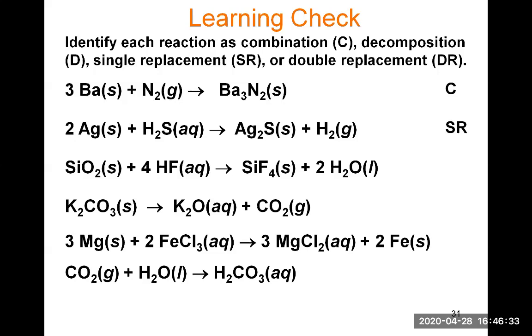If we look at SiO2, it becomes SiF4. So there has been an exchange from oxide to fluorine. And if you look at HF, now it has become H2O. So the hydrogen is no more with the fluorine, but now with the oxygen. So this is a double replacement reaction where they've exchanged partners.